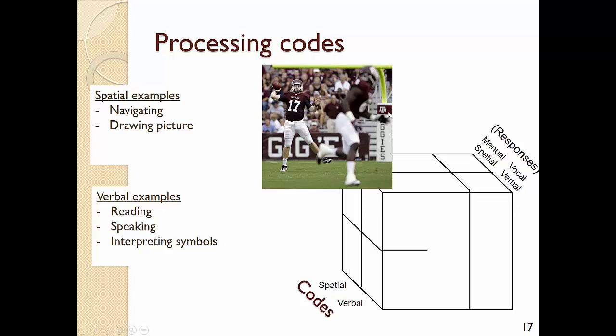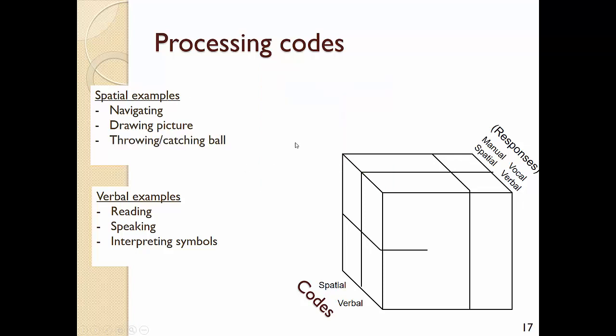Throwing a ball or catching a ball is very much spatial, okay? This is because we are very much using our spatial processing to determine where we have to throw something. Where will that receiver be? Where will the ball be when it gets to me? How will it feel? You're thinking through an experience.